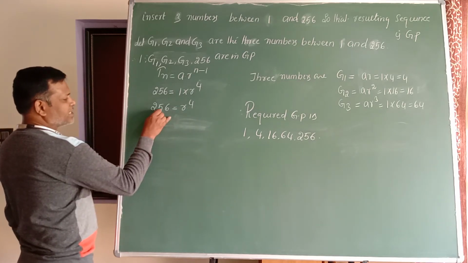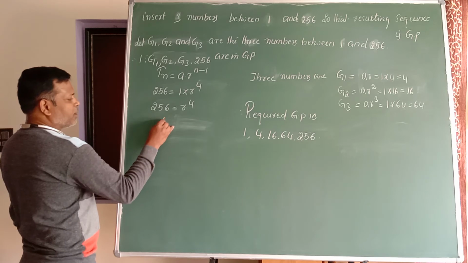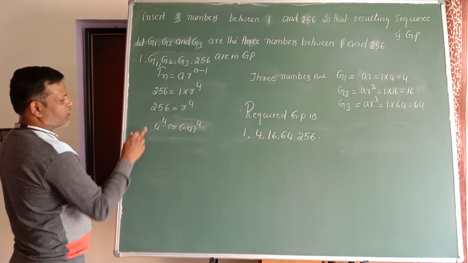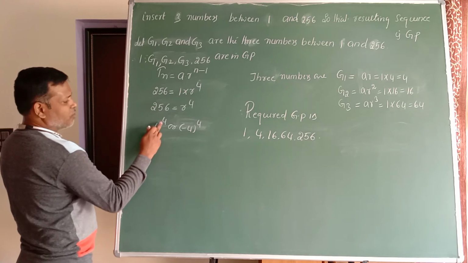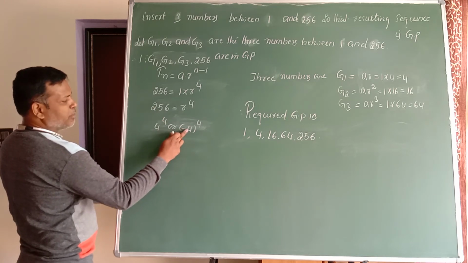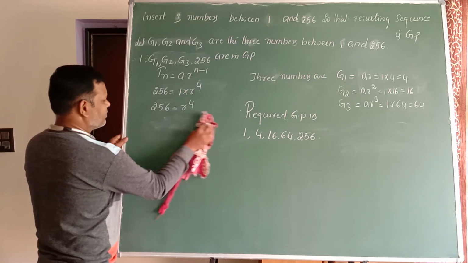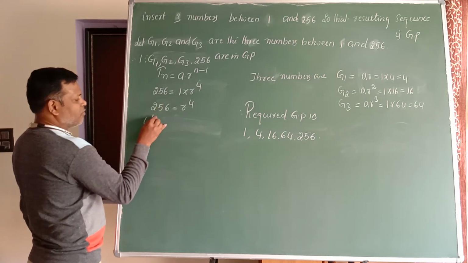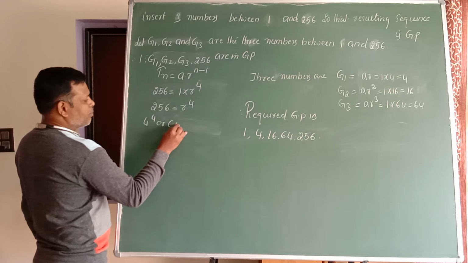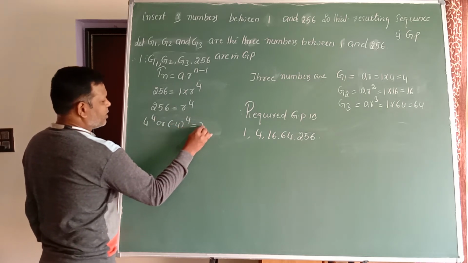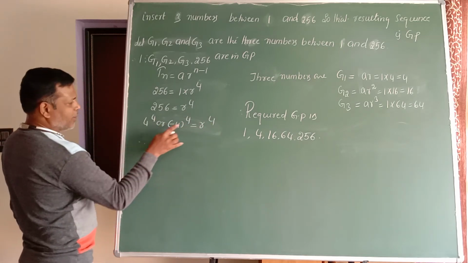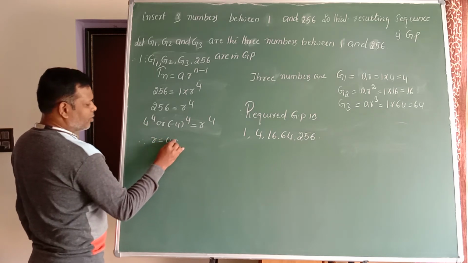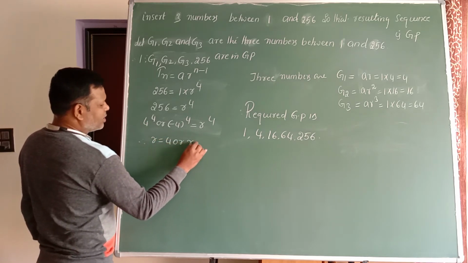This 256 can be written as 4 power 4 or minus 4 power 4, is equal to R power 4. Therefore the value of R is either 4 or minus 4.